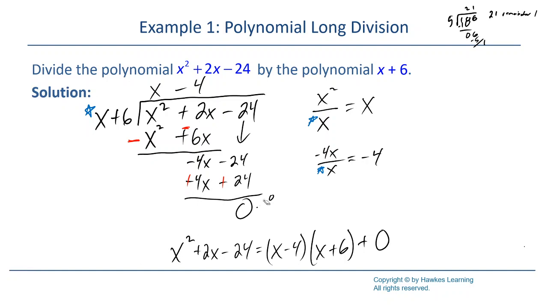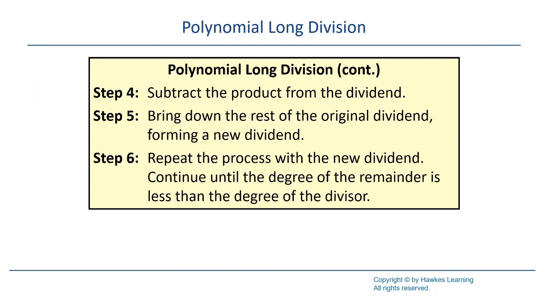Once you get to the point where your remaining terms are less than what you're dividing by in terms of power, that's where you stop. Because say this would come out to be 1, I would get 1 over x. Can't really do much with that. So just be aware. This is why it says continue until the degree of the remainder is less than the degree of the divisor.